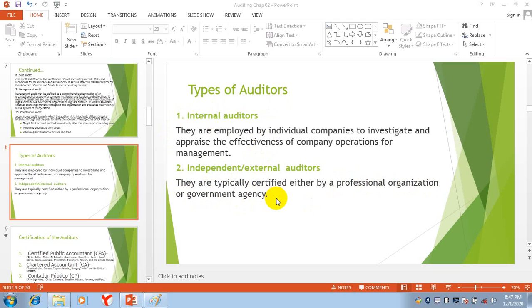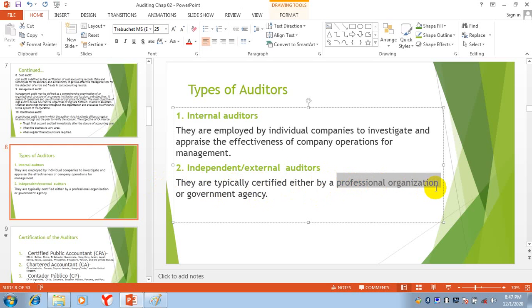They are independent, external parties. They come at the end of the year and check your accounts. These are certified people from professional organizations or from a government agency.